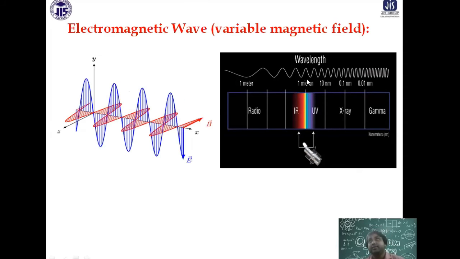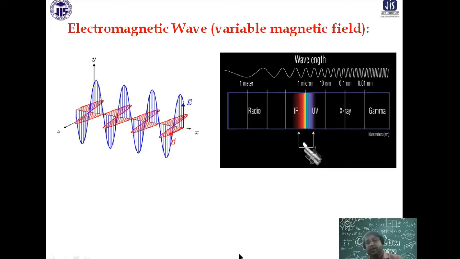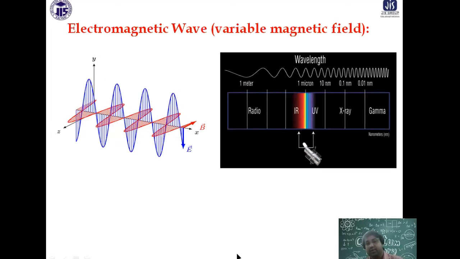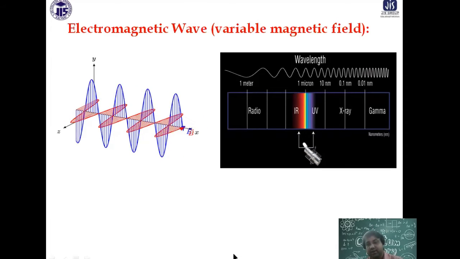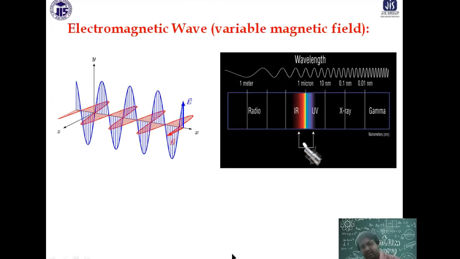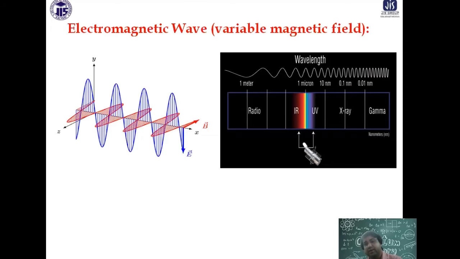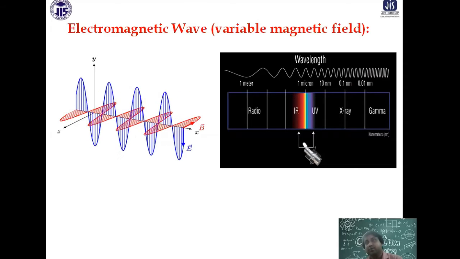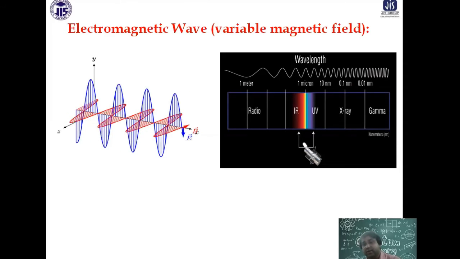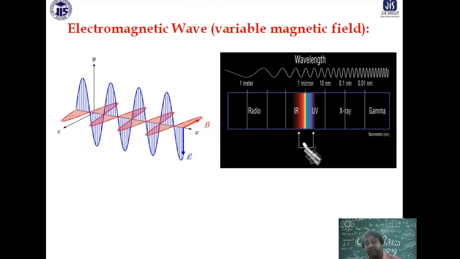This is the visible spectrum, or visible light, meaning the 7 colors. The wavelength of red light is close to 8,000 angstrom, and the wavelength of violet light may be like 4,000 angstrom. So 4,000 angstrom to 8,000 angstrom, and 1 angstrom means 10 to the power minus 10 meter.